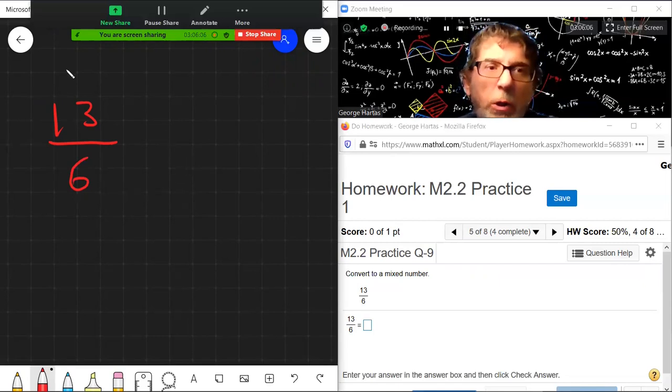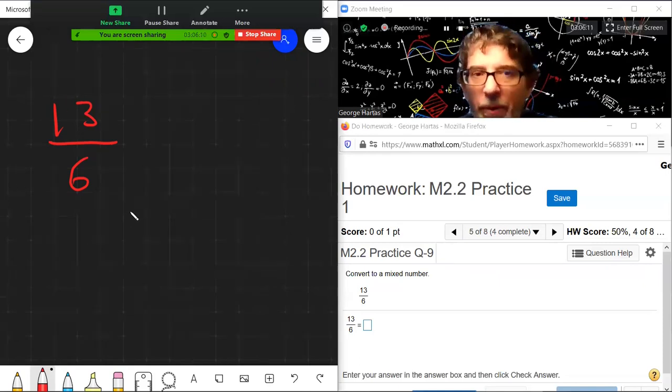Okay, so we're starting off with an improper fraction. We're going to go to a mixed number. How do we do that? Long division is how we do that.